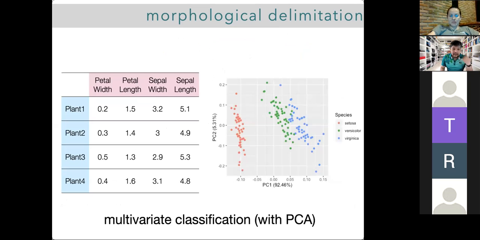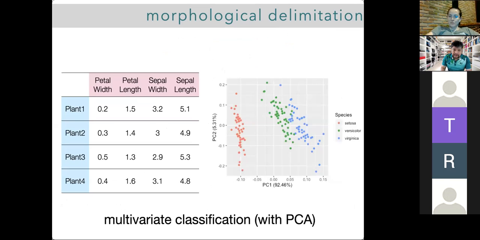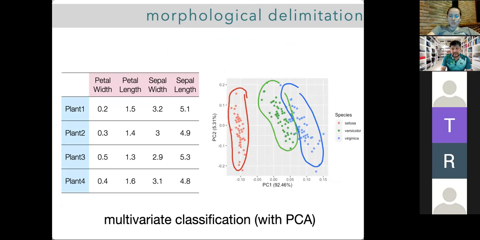And then you can do it multivariately. Sometimes when you look at the petals and the sepals separately, they don't look different. You try that method already, and it doesn't pan out the way you want. But when you look at things together, you combine all the variables together, you can see the grouping more clearly because you combine different characters together.